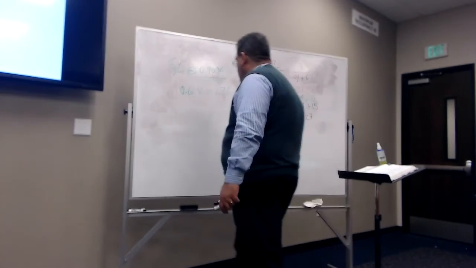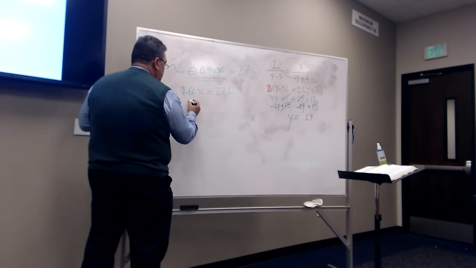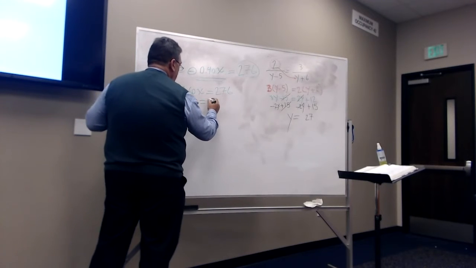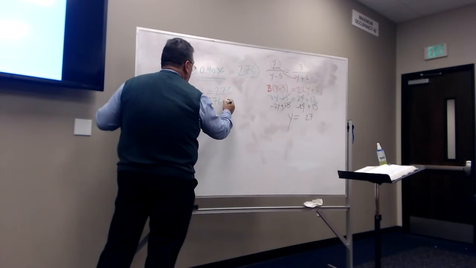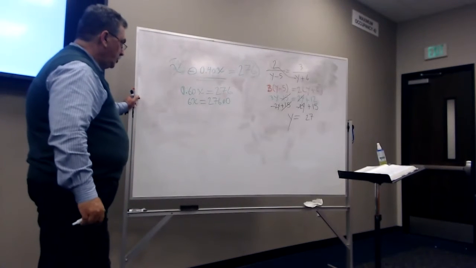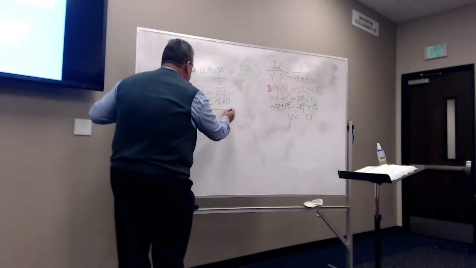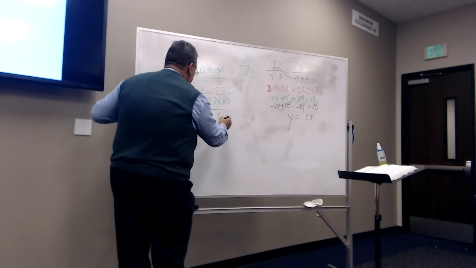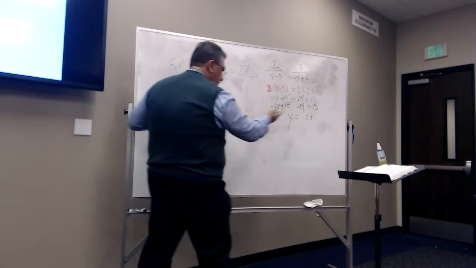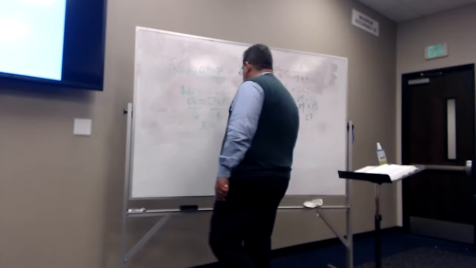I prefer to multiply by 100 so I get rid of the decimal. So I get 60X equal to 27,600. Then divide both sides by 60. X is equal to 460. Right.